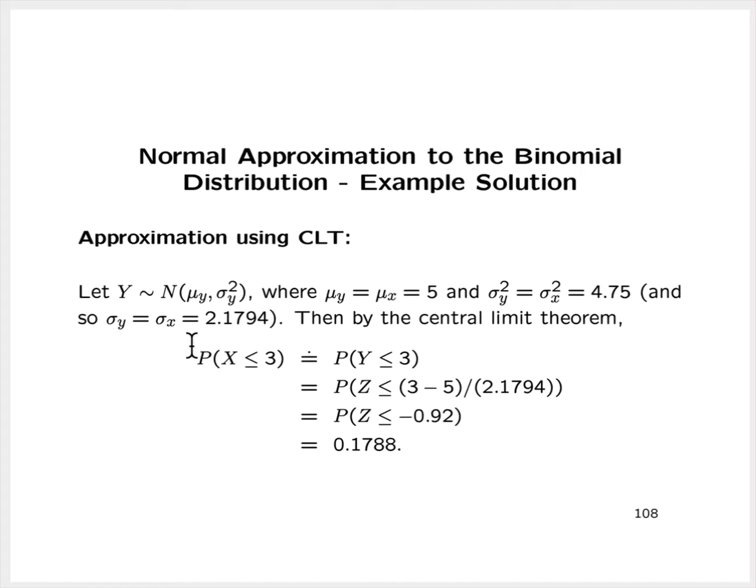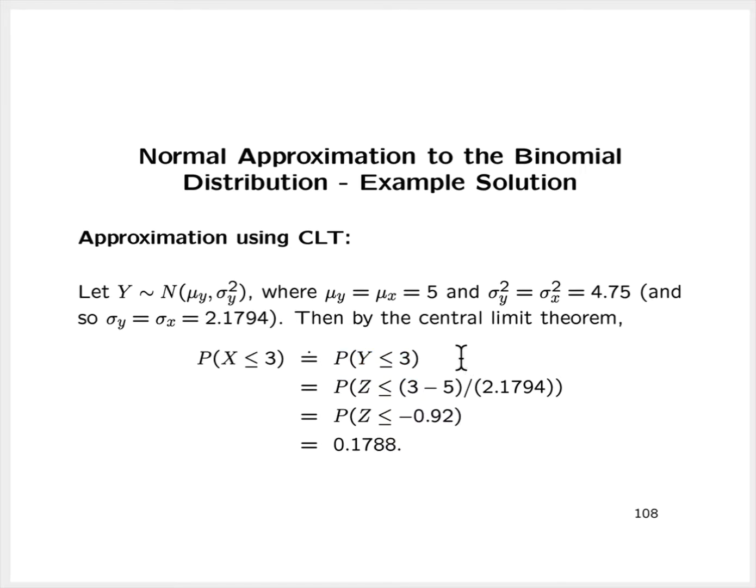So by the central limit theorem, we're going to approximate the probability that x bar is less than or equal to 3 by the probability that y, this normal random variable, is less than or equal to 3 as well.